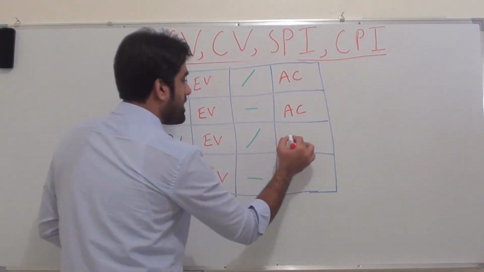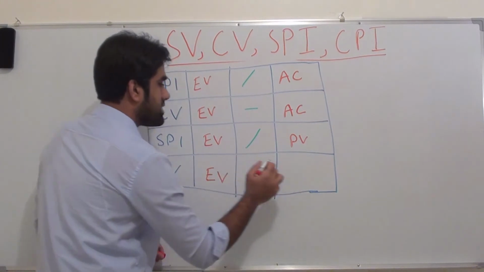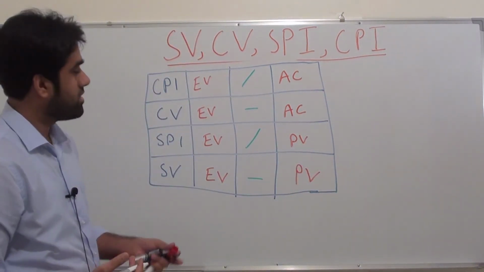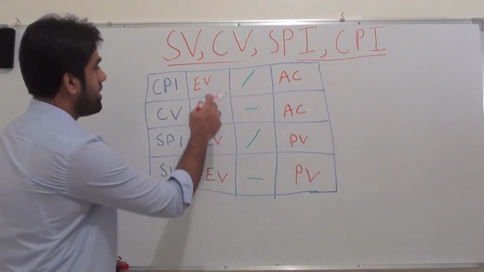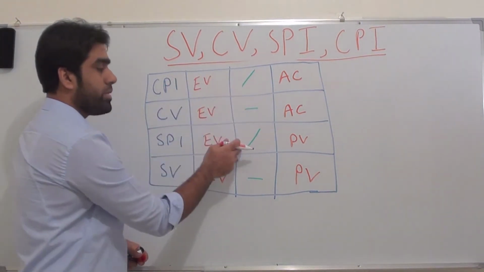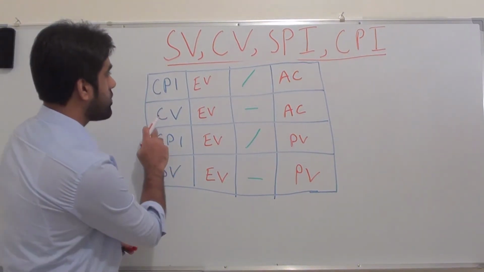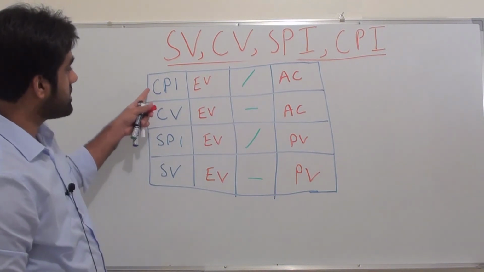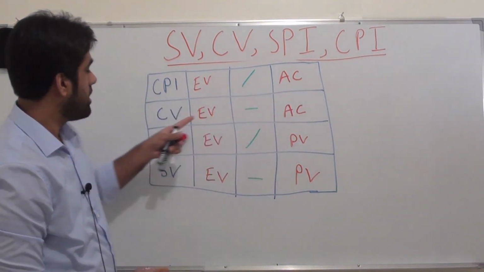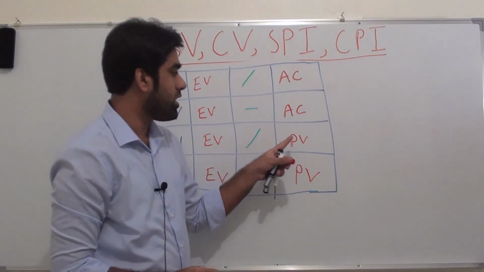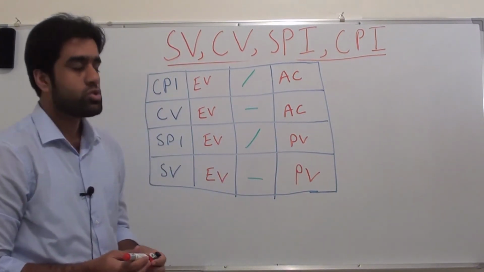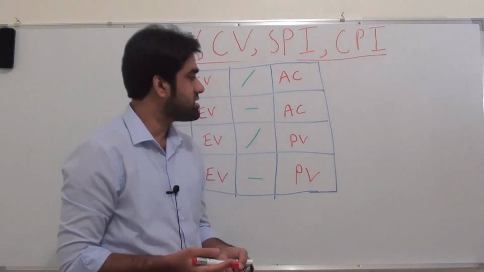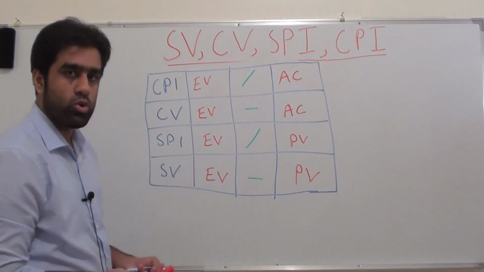So SPI uses PV, and schedule variance uses PV. It is as simple as this: earned value on the left hand side; in case of indexes, it will be divided; in case of variances, it will be minus; in case of cost, it will be AC, and in case of schedule, it will always be planned value. So this is all about variances and performance index. This is very, very simple. Now you know the formulas as well.